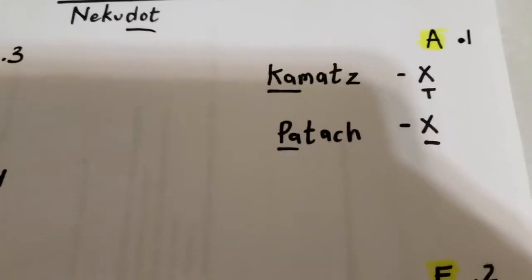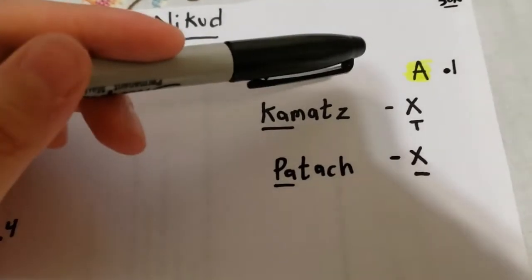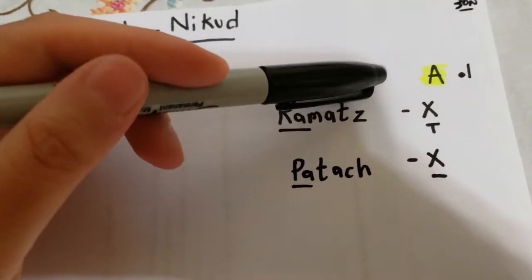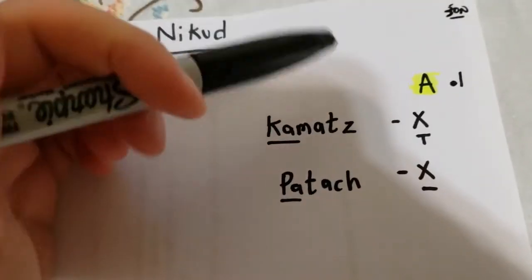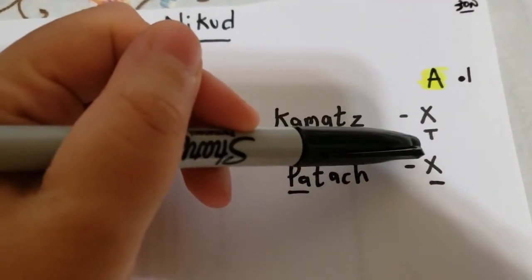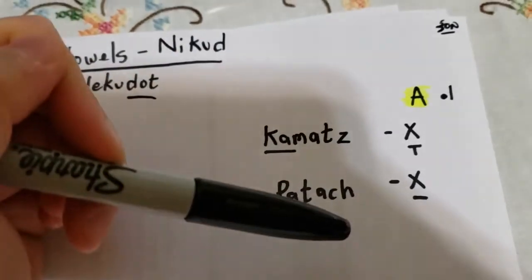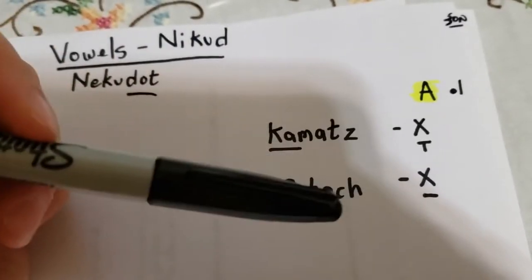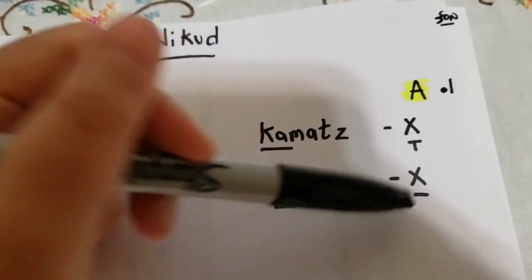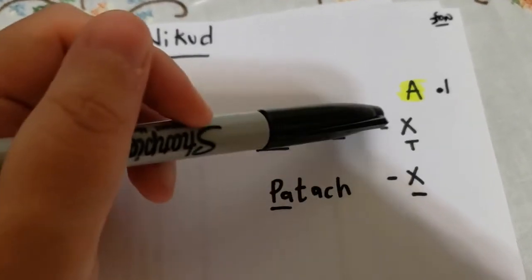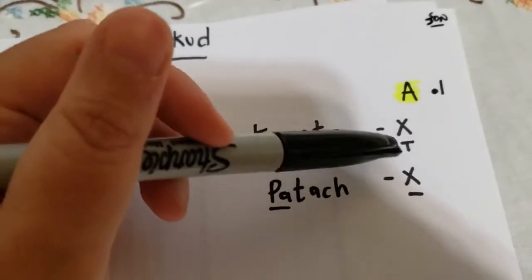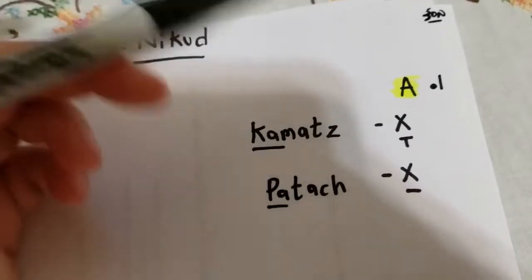So in the beginning, we have A, the sound that makes A. There are 2 ways of writing them. One is like this, with a line and a line under, which looks like an upside down plus symbol, and then we have just a line. By the way, wherever you see an X, that's going to be a letter afterwards. I wrote an X because it's a blank place for now.